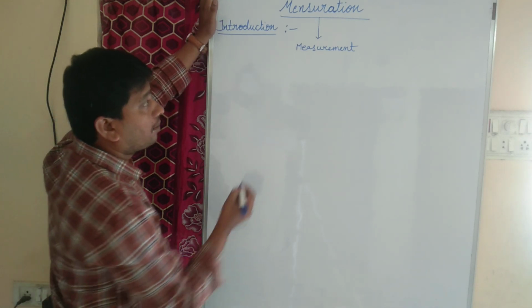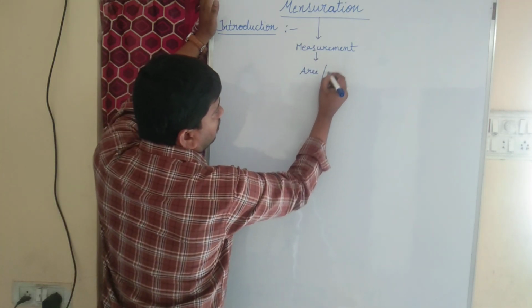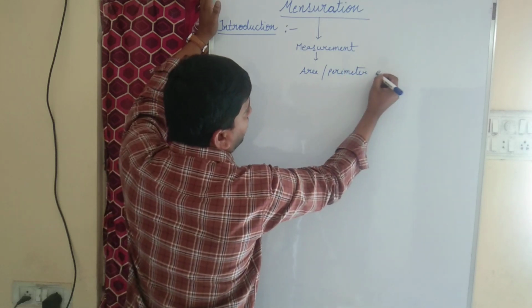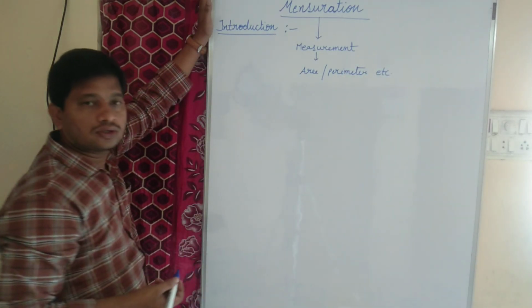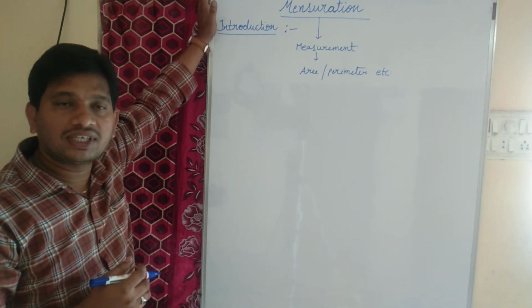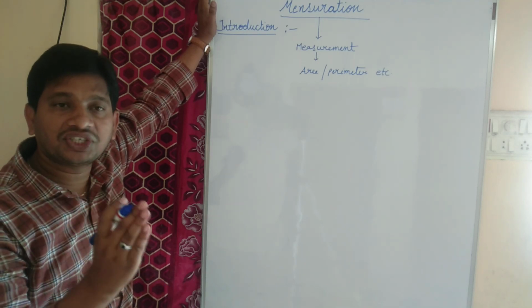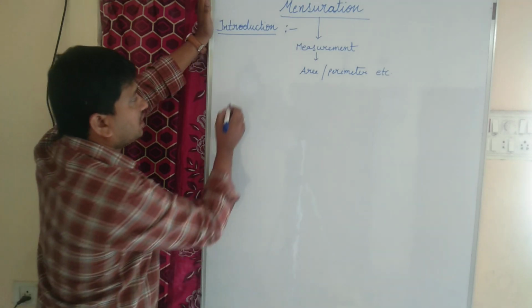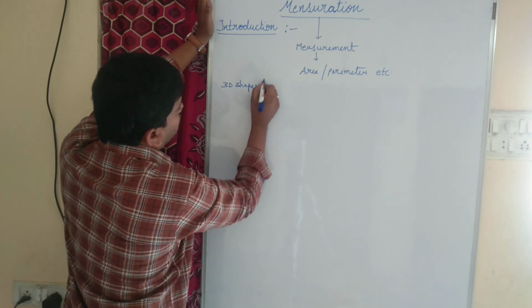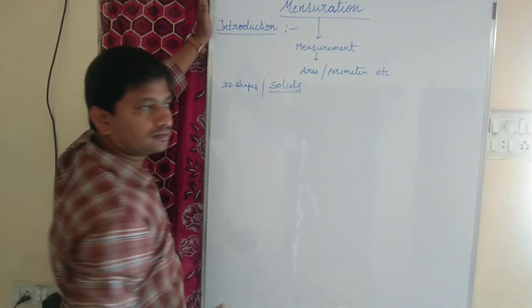Okay, measurement of area and perimeter, etc. Especially in this chapter we will study about geometrical shapes, that is 3D shapes, three-dimensional shapes. Also we can call it as solids.